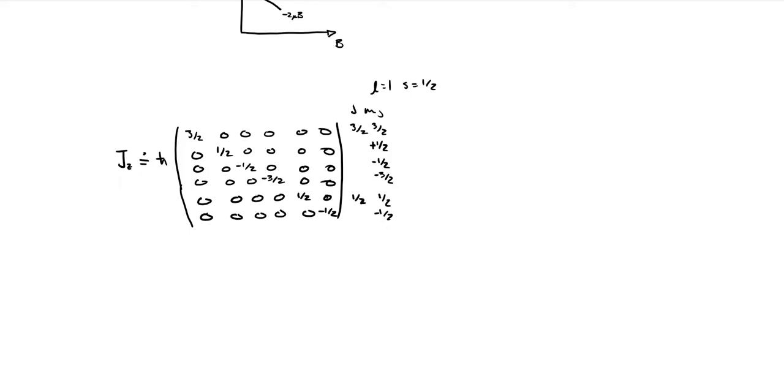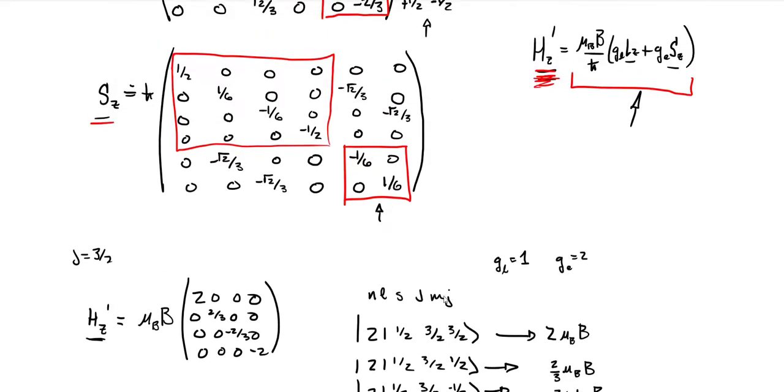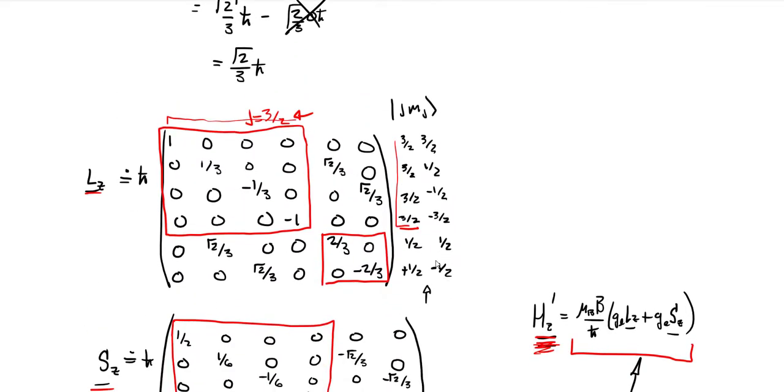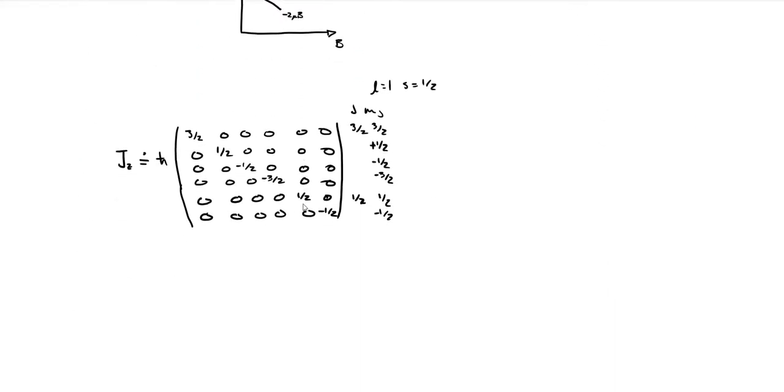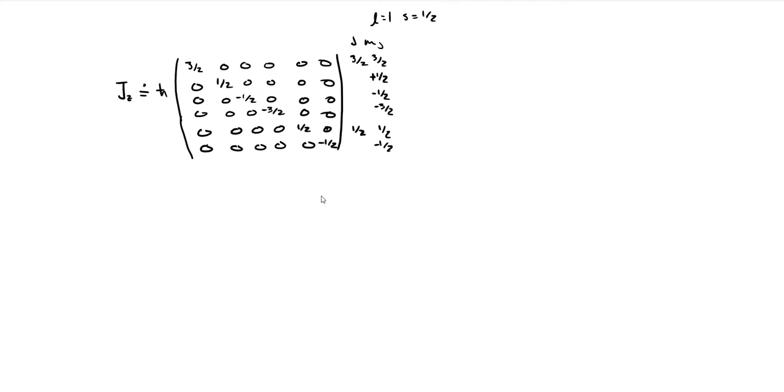We can just by inspection compare this with the L_z operator that we wrote in that same basis. If we look at the degenerate subspaces, the J equals 3/2 subspace and the J equals 1/2 subspace, we can realize that these two matrices in those subspaces are proportional to each other.